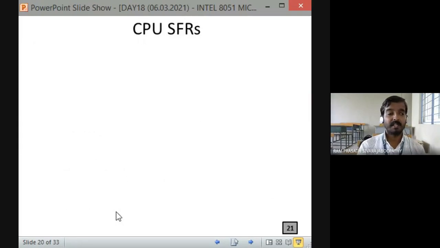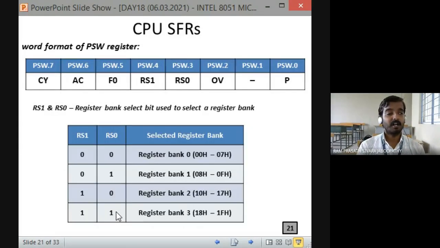The next two bits are RS1 and RS0. Combinedly these two bits are used for register bank selection. If the two bits are 00, which bank is selected? Register bank 0. If it is 01, register bank 1 will get selected. If it is 10, register bank 2 will get selected. If it is 11, register bank 3 will get selected.